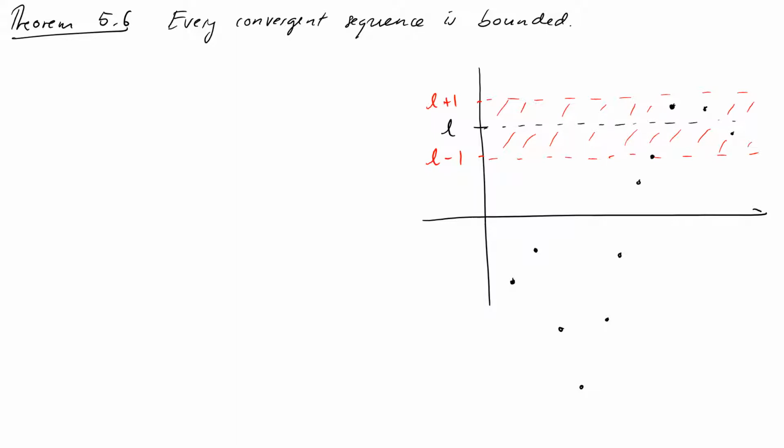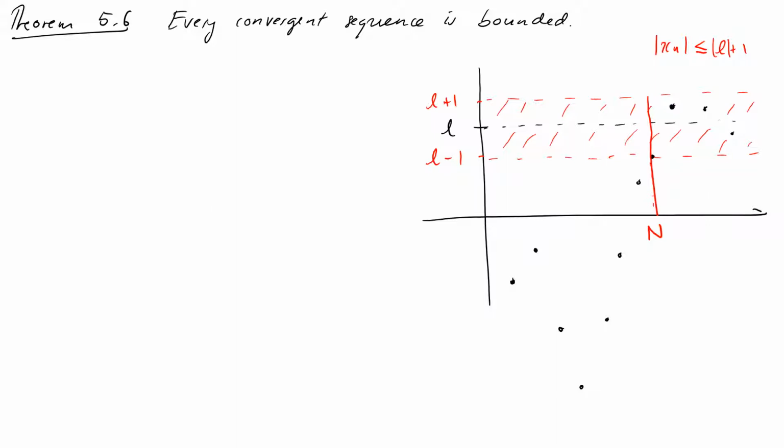Now if I look at everything beyond this, it would have a corresponding capital N, just according to what we've been doing before. If I go beyond capital N, then you can see that the absolute value of xn is less than or equal to the absolute value of L plus 1. So the bound is really easy to find for these points beyond my natural number N.